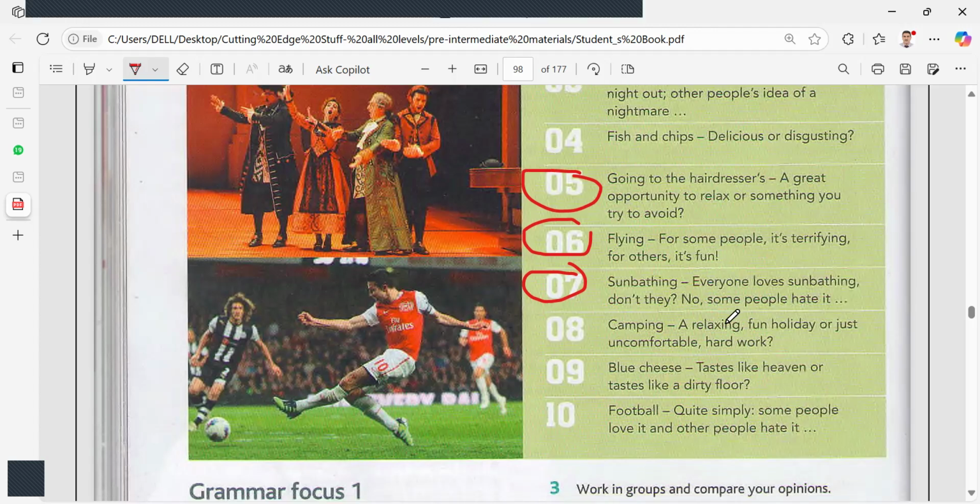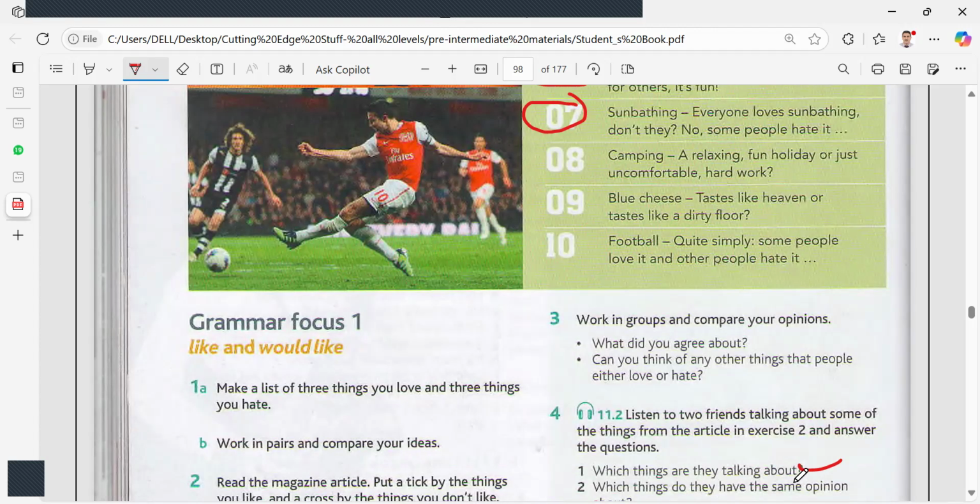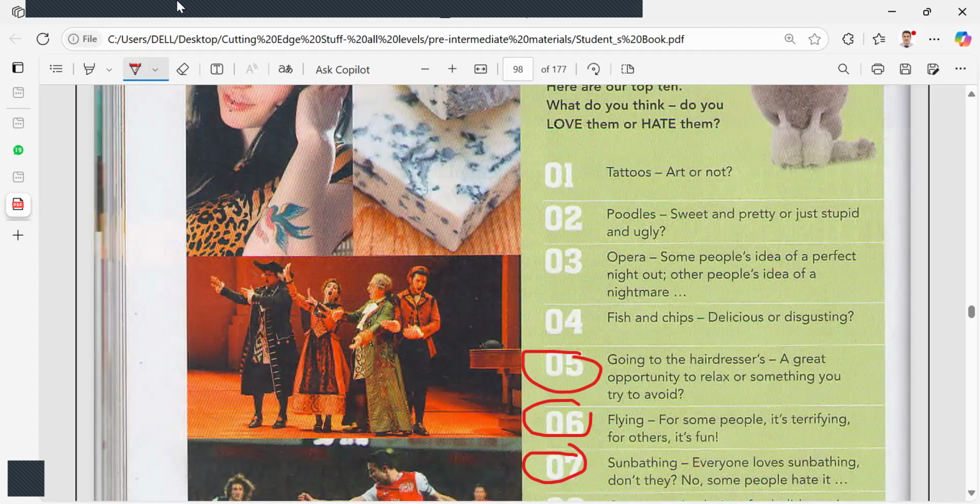Okay. Which things are they talking about? About something that they like and dislike. Yes, they talked about going to the hairdressers, flying, and sunbathing.